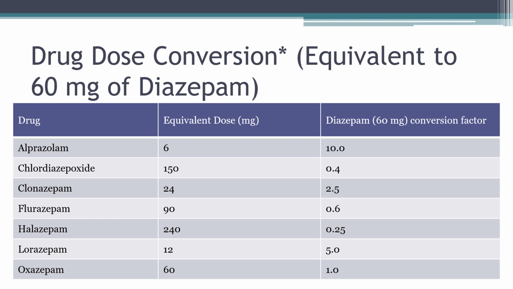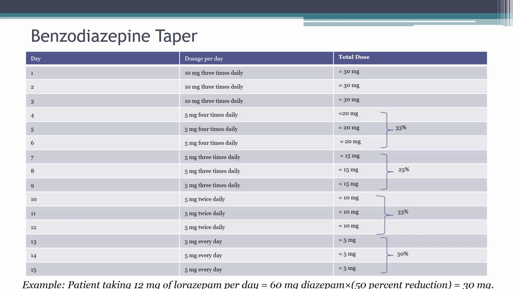When the person is put on benzodiazepine, tapering of the benzodiazepine is required gradually, so as not to have the withdrawal symptoms of the benzodiazepine itself. So, starting with the higher dose, by and large, the idea is that after 3 days, 33% of the dose can be reduced.